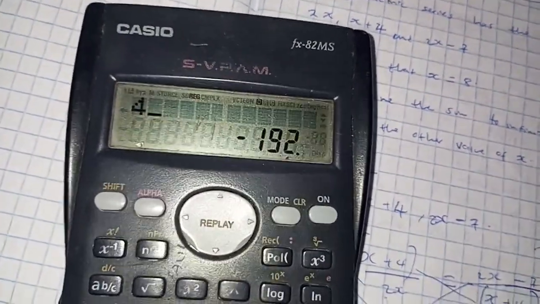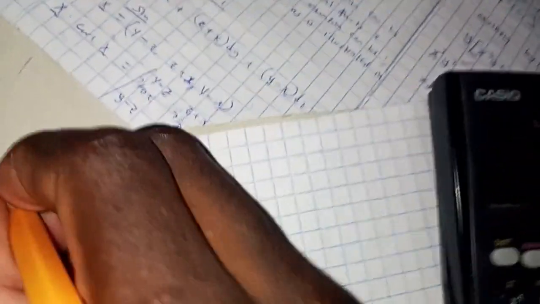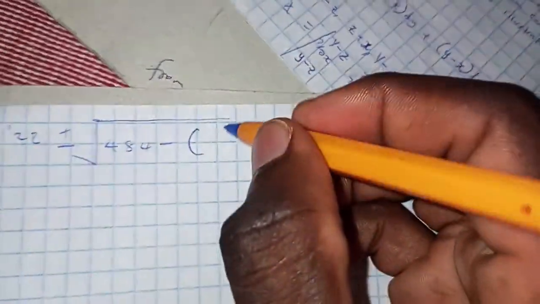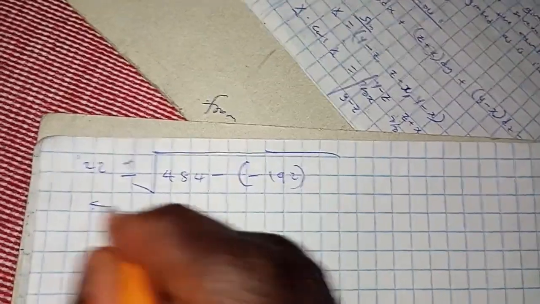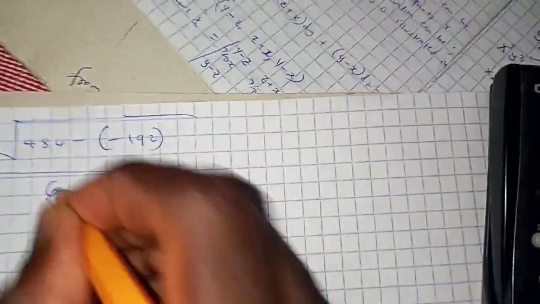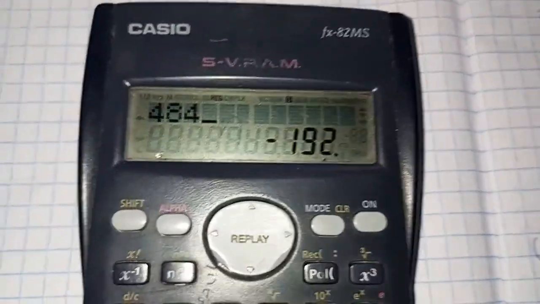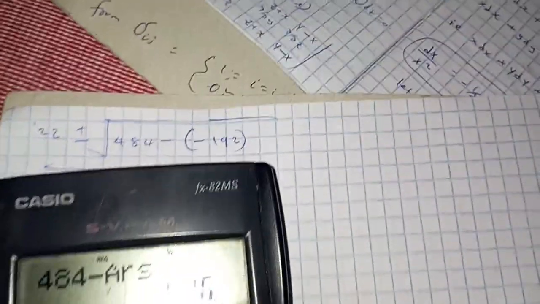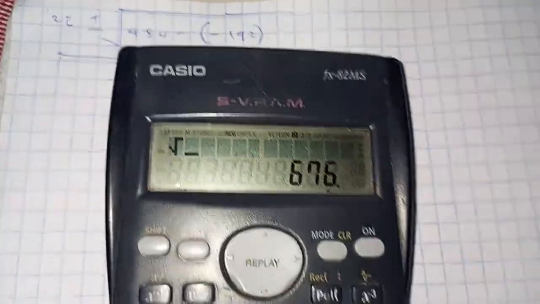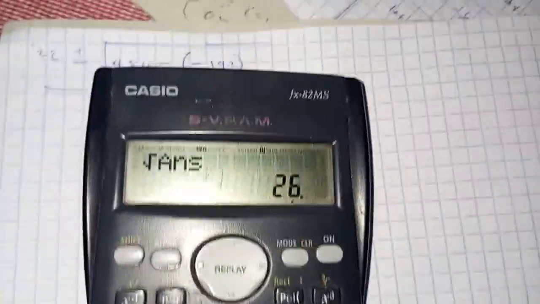Then we have 484 divided by 6. So when we put 484 minus our answer, we have 676. Then we find the square root of that to give us 26.